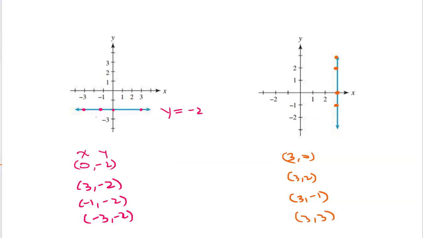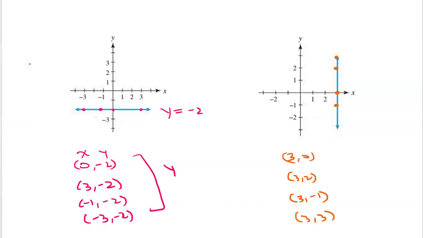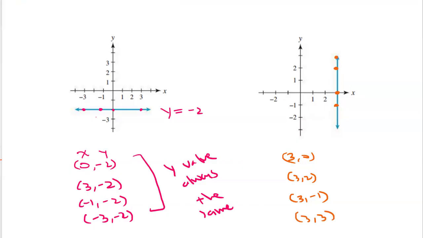All right. So what do you notice about this one? Exactly. The x value here now is always the same. So for the one on the left graph, the y values are the same.